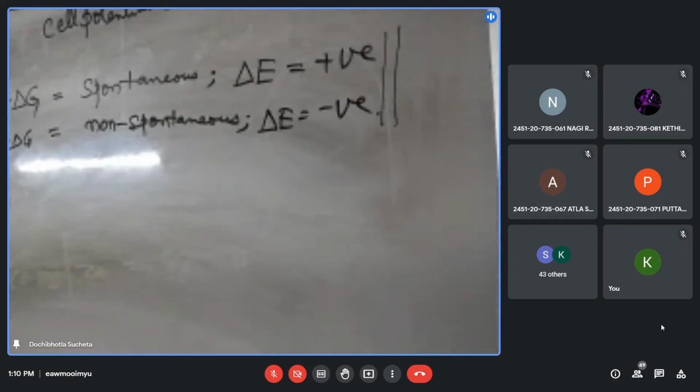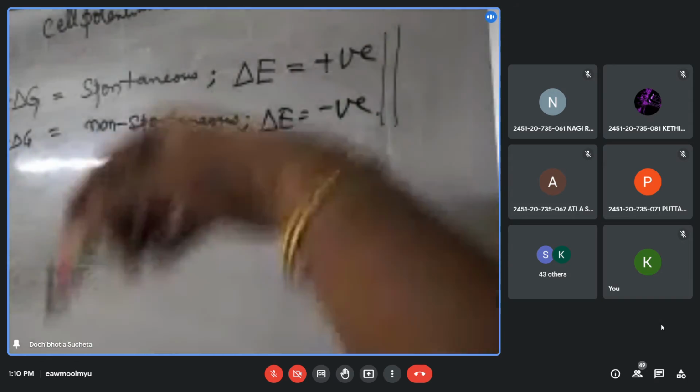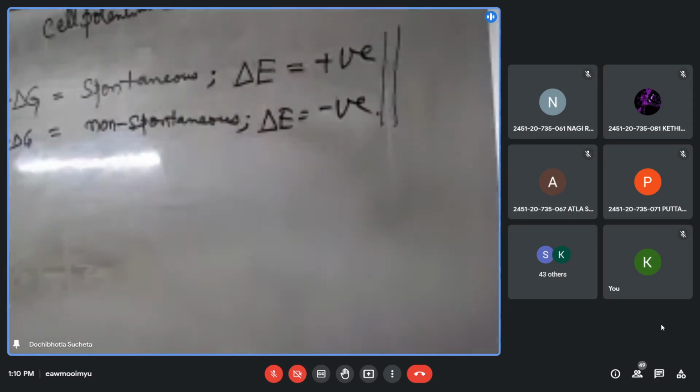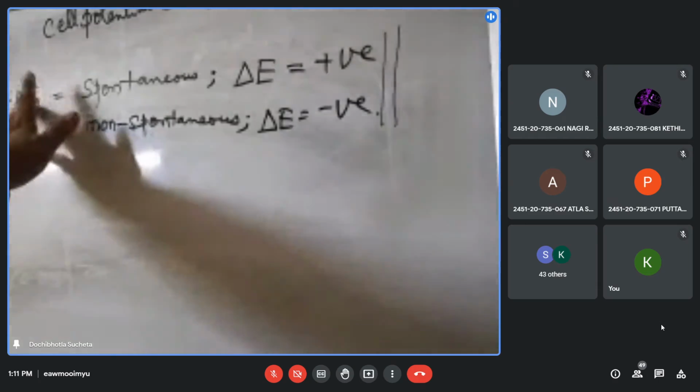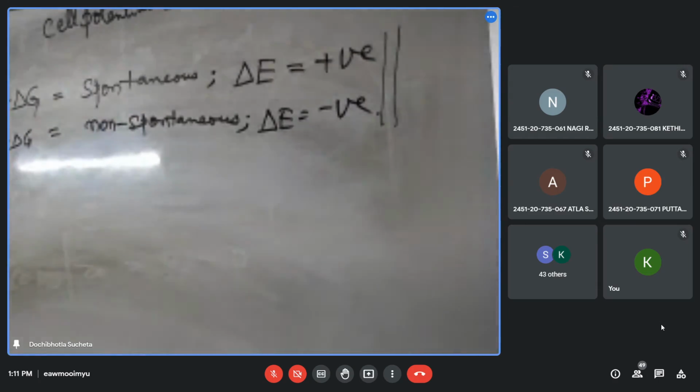Work is done due to transfer of charge from anode to cathode. When charge is flowing from anode to cathode, some amount of work is done. So how much work is done? That will be equal to the decrease in the free energy of the system.